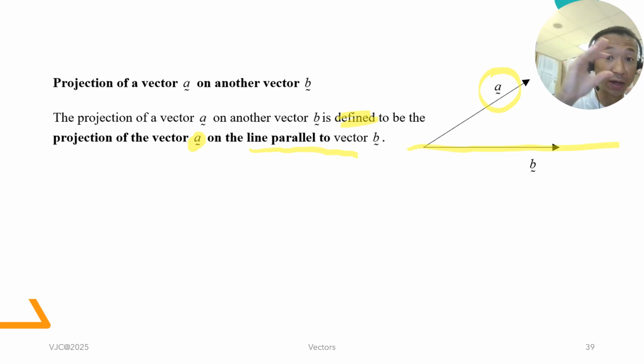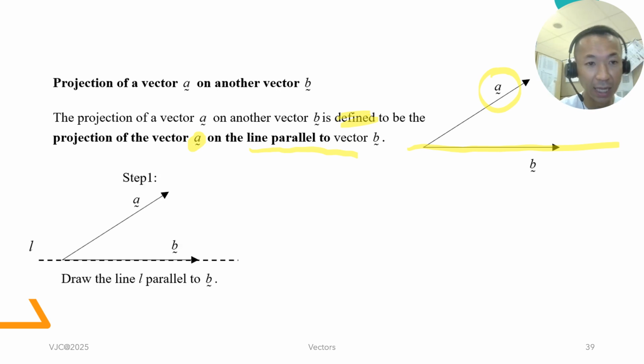So earlier we found how to project a vector on a line. Diagrammatically, it looks like this. Step one, I will draw a line like that, parallel to B. I really don't care about the direction of B, I just draw a line.